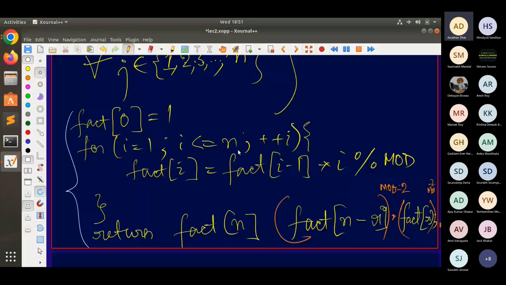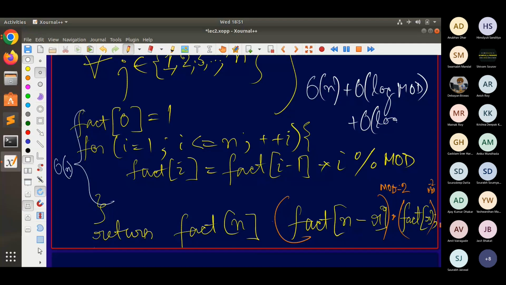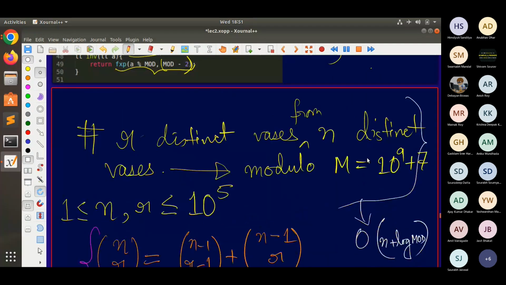Because over here you are doing an order n operation, and over here you are doing two multiplications, where you have two instances of order log mod operation. So it's order n plus order log mod plus order log mod. Yeah, n plus log mod. It's not n times log mod.